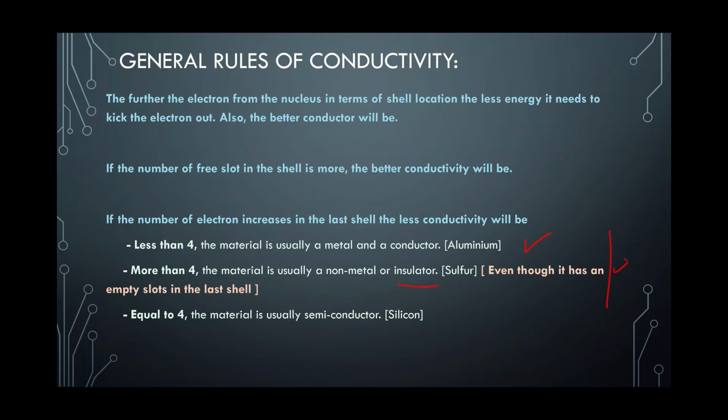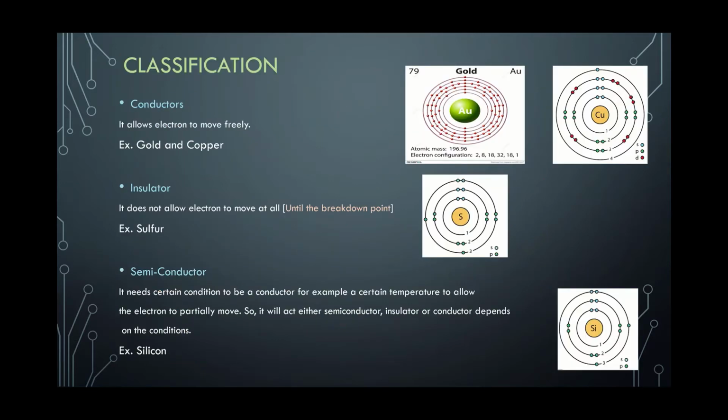It will resist the electron movement, even though it has an empty slot. And we will see later, inshallah. If the number of electrons is 4, the material is a semiconductor. It should be exactly 4. So we can classify it as either conductor, insulator, or semiconductor.